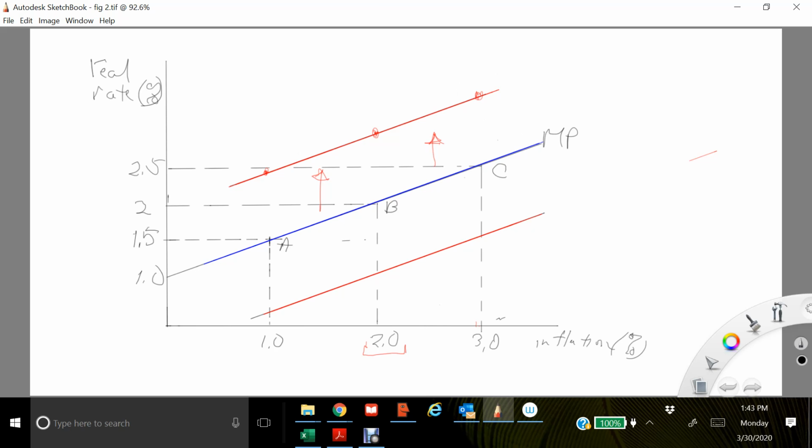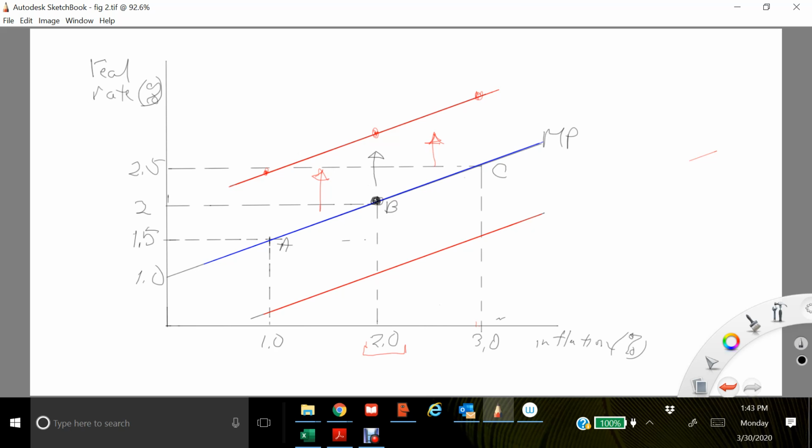So for example, if the Federal Reserve thinks that inflation is too high, or if output is increasing too much, it wants to tighten monetary policy. It does that by raising the real rate.